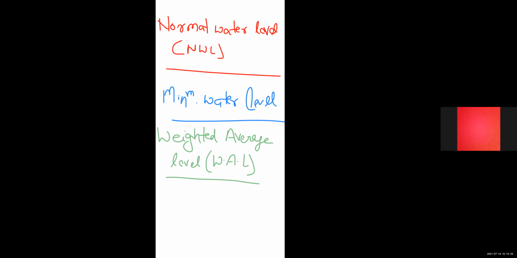The level above and below which equal amount of power is developed during an average year, that is approximately 50% of units between normal water level and weighted average level, and 50% of units between weighted average level and minimum water level, is called the weighted average level.